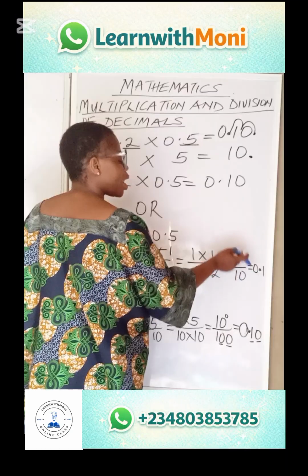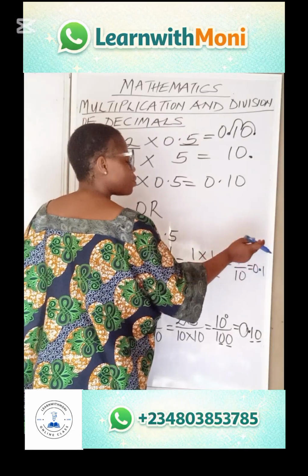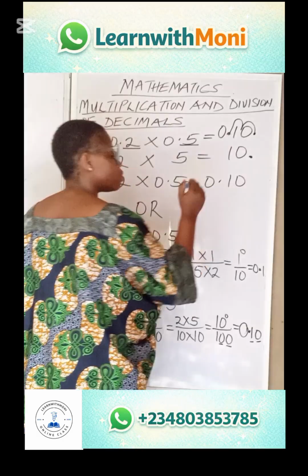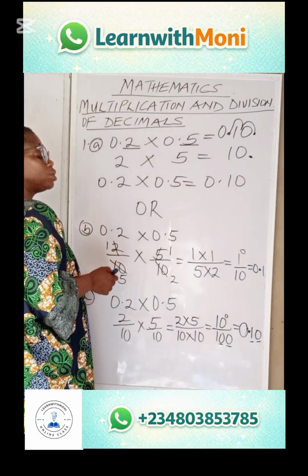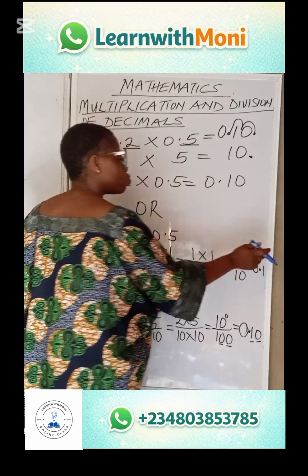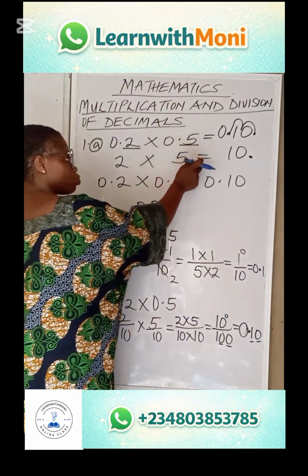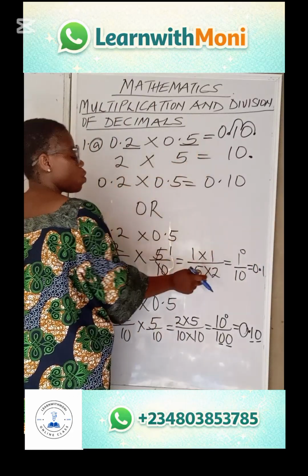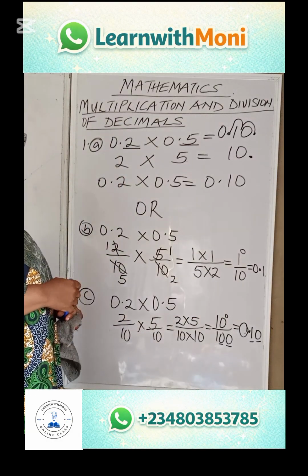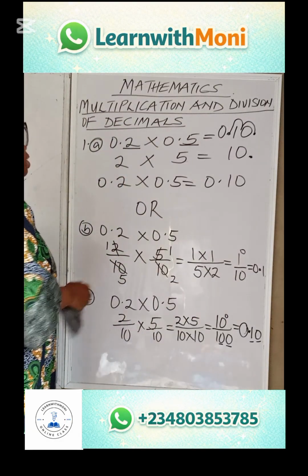How many 10 do I have in 1? It's 0, and you put a decimal point. Put an invisible 0 behind the 1, you now have 10. How many 10 do I have in 10? That is 1. So whether you go this way, which is the cheapest way, or like this, you are going to get the same answer. Let's take another example.